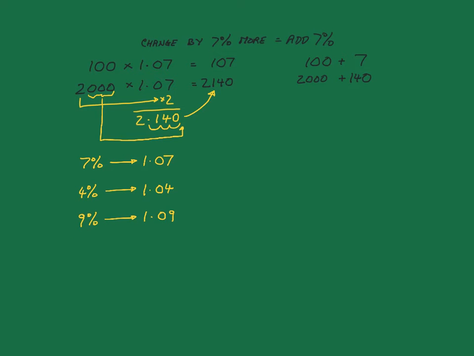What about 12%? Be careful. Well, it's going to be bigger than 0.9, 1.12. 25% will produce 1.25. 67% will produce 1.67.